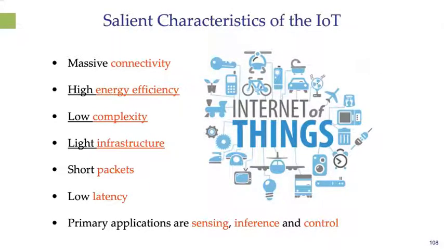We're interested in high energy efficiency, which means we may not want to transmit very far over the network in terms of network distance, low complexity terminals, light infrastructure, and so forth. So, for example, we may not have an access point per se that we can transmit all data through. So some of these characteristics of IoT are ones that might motivate the kind of decentralized learning that I'm going to talk about here now.